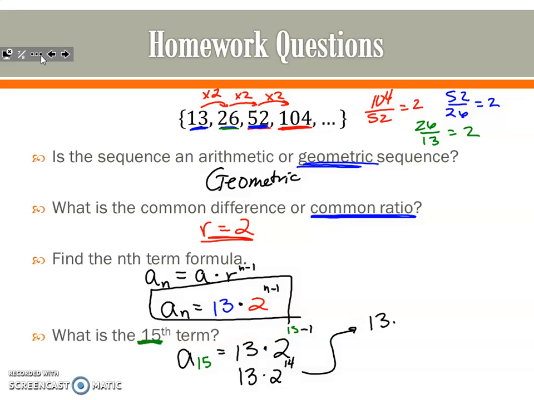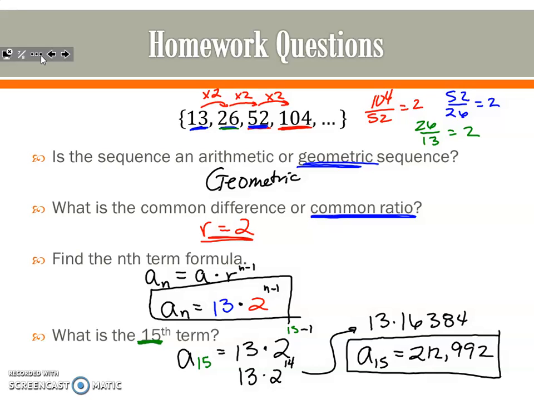That's going to give me 13 times 16,384. Now we can do our multiplication, and I find that a sub 15, my 15th term, is 212,992. And that's our 15th term.